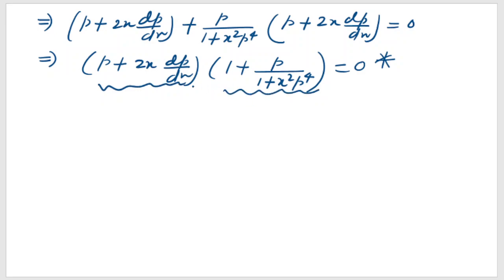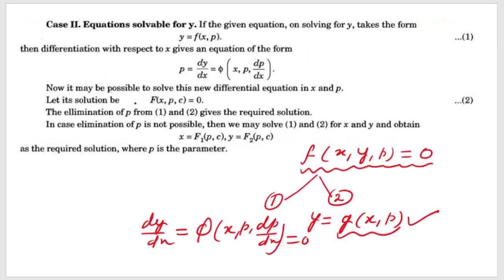Now we have to consider that factor which contains dp by dx. So basically the process is that when you differentiate, you try to get the form of x, p and dp by dx.